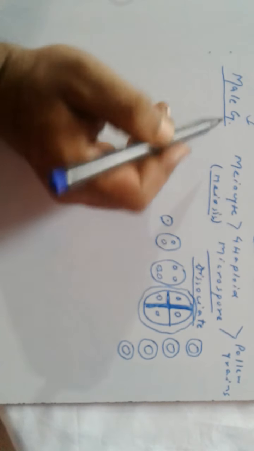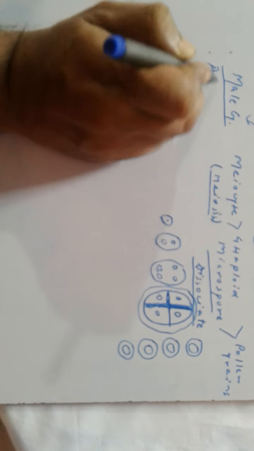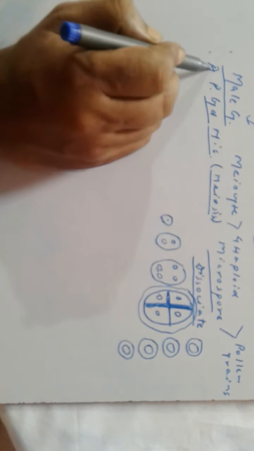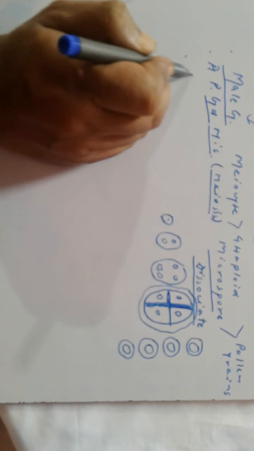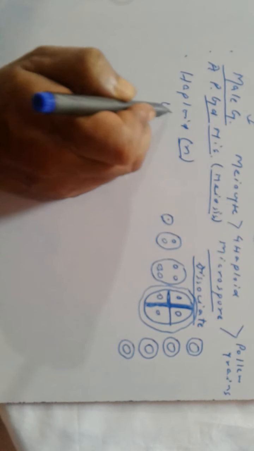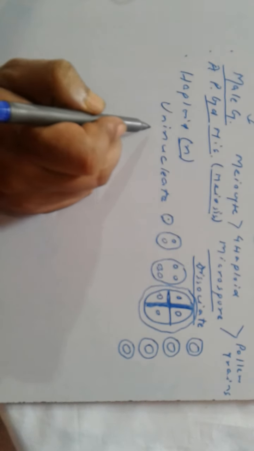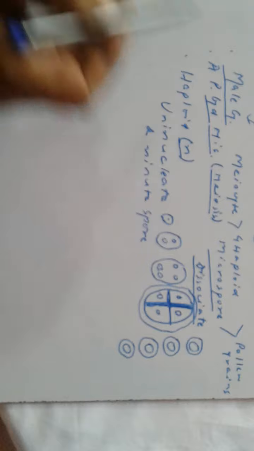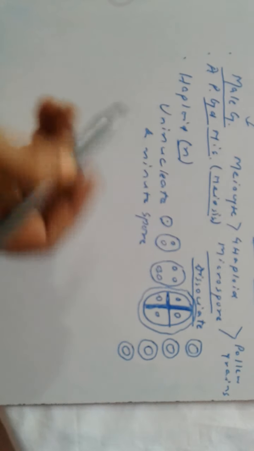A pollen grain is a partly germinated microspore, and it is haploid, that means it has half the chromosome number, uninucleate, having just one nucleus, and it has minute spores.